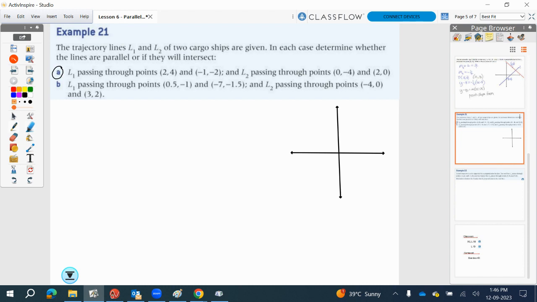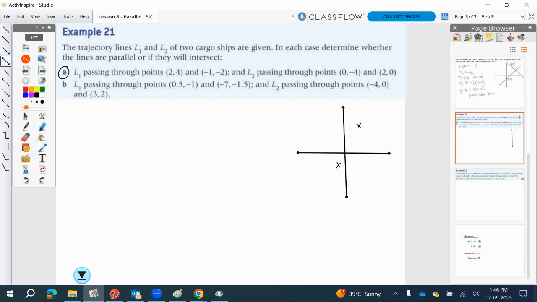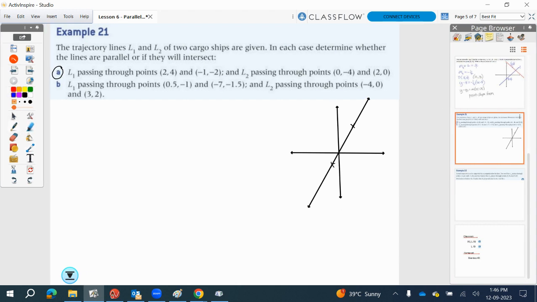So we've got one that goes through 2, 4, and it also goes through -1, -2. So this line is our first ship. It's going to look like that. Our second one goes through 0, -4, and 2, 0.